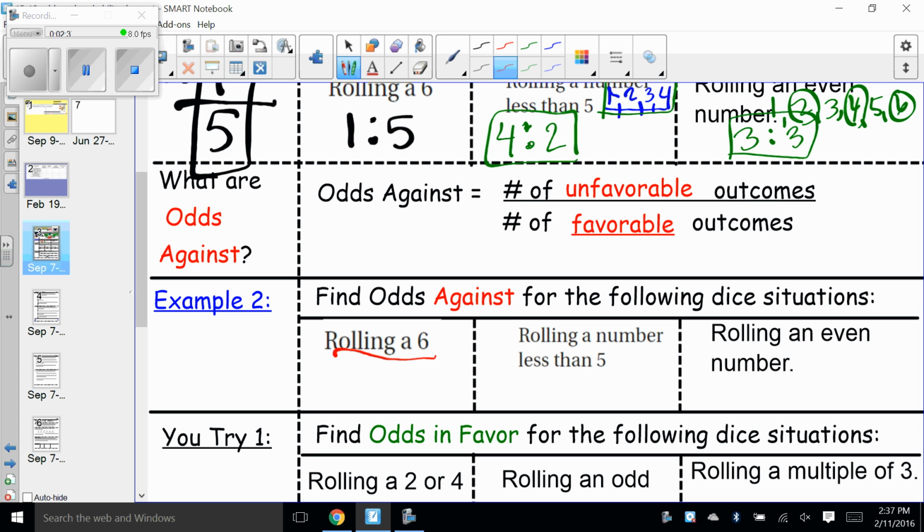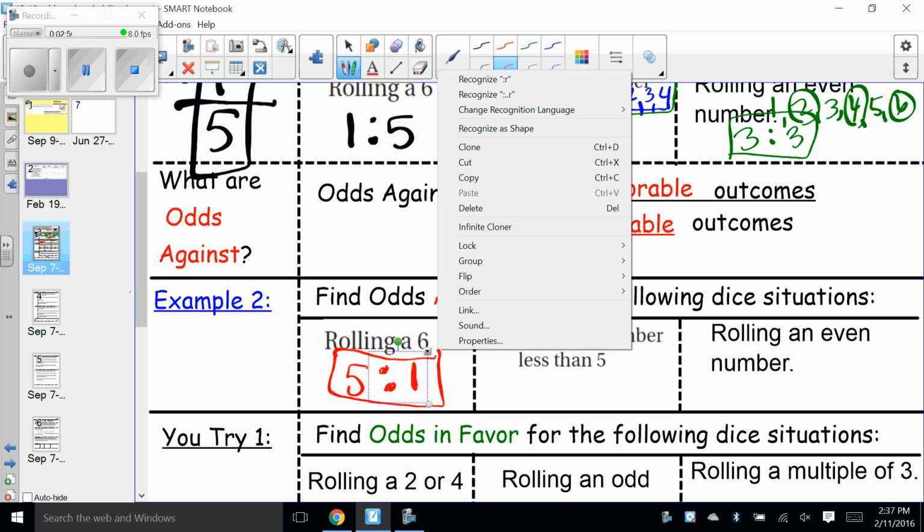Well, how many things are against getting a 6? 5, 4, 3, 2, and 1 are all against getting a 6. So we would say 5 things would not be a 6, that's called against or unfavorable, to 1 thing that is a 6. So we would call this odds against. We list the things against it, or unfavorable, first.